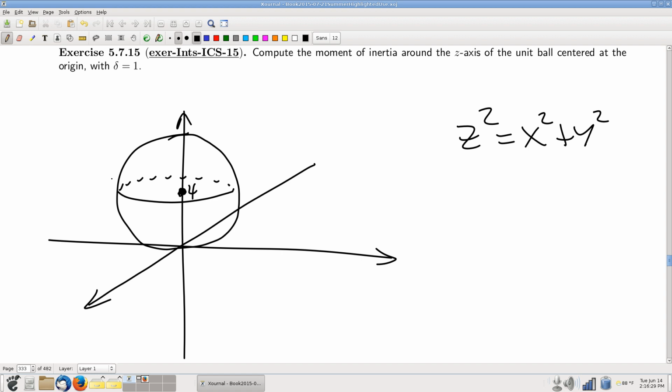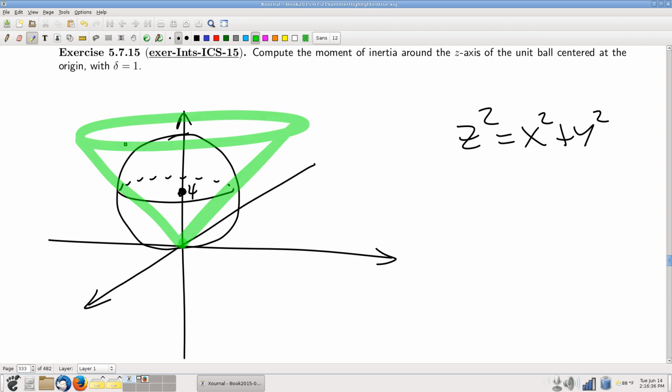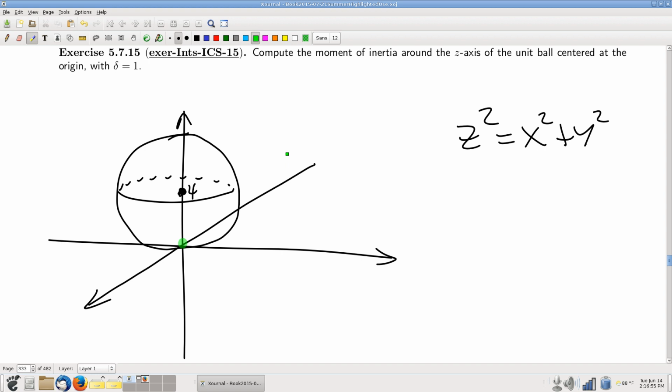And the cone that I'm interested in again is kind of like this. And that cone was a rotation around the z-axis, but then again, so was the ball, right? So how about this? I'm going to try to view the actual intersection that I'm interested in as itself a rotation. So specifically, let's look at both of these.